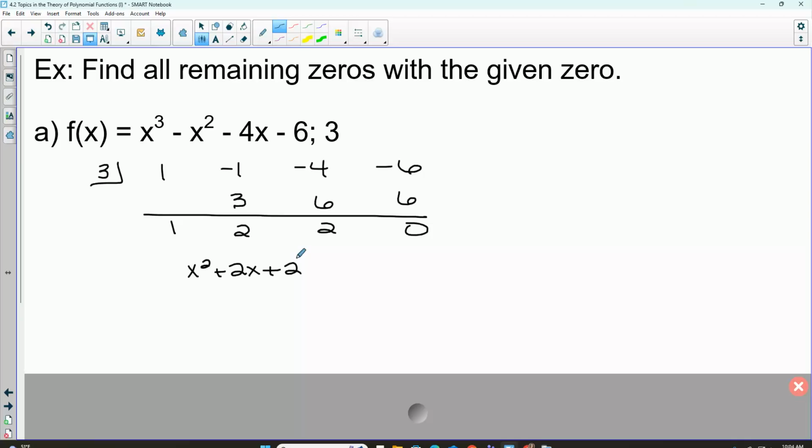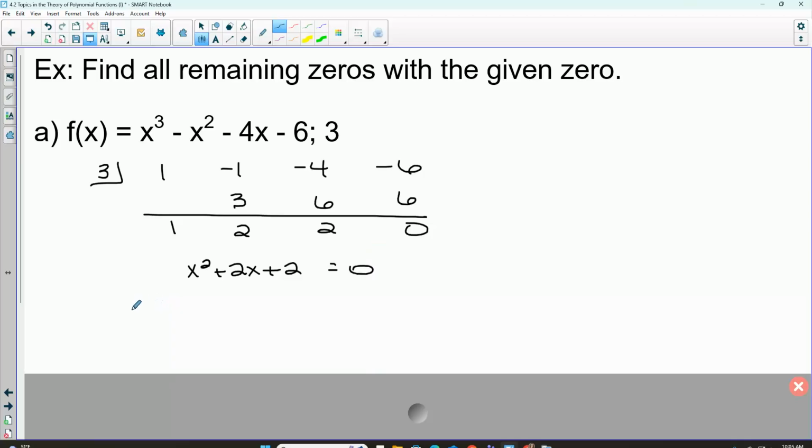Alright, what multiplies to 2 and adds to 2? Does anything? No. Okay, I'm asking for the 0, so I'm asking you to find out when this thing is equal to 0. If it can't factor, how else can you solve a quadratic?